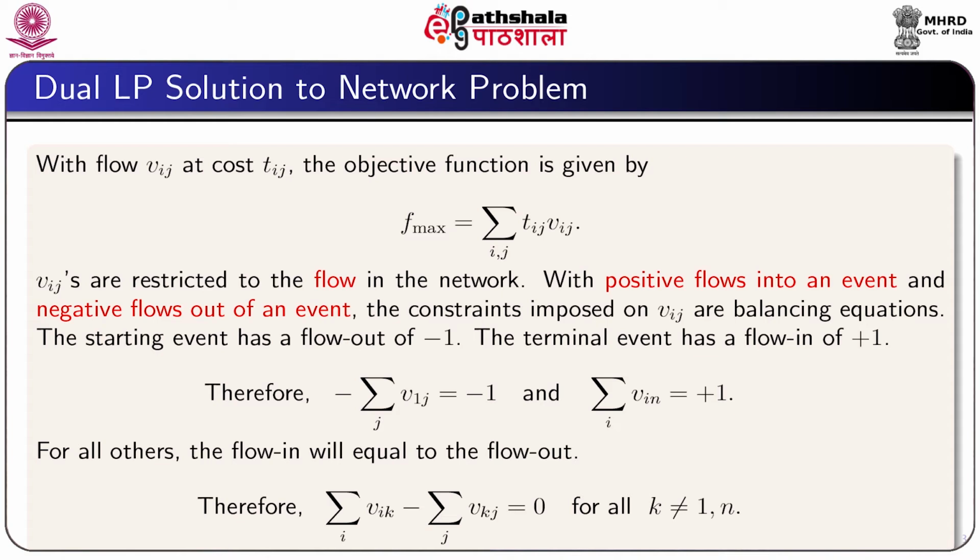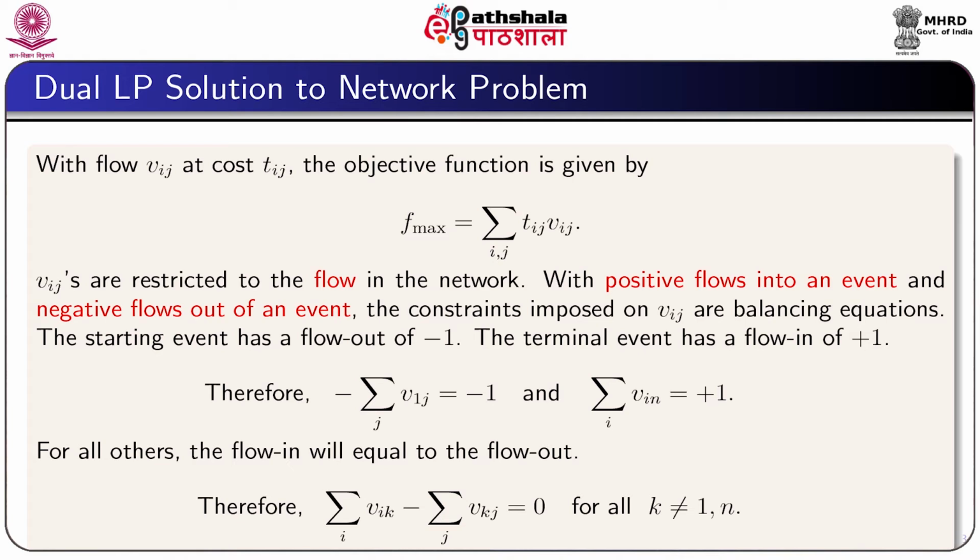Therefore, we can write minus sigma over j V1j equal to minus 1 and sigma Vin is equal to plus 1. For all other events, the flow in will equal the flow out.